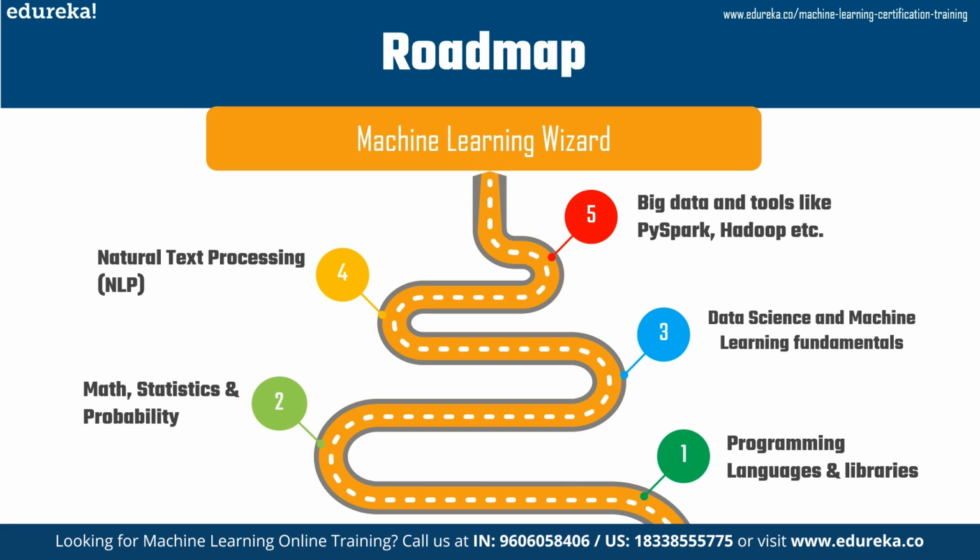We have amazing certifications for that as well. After that, it is very essential to learn natural language processing and how to do that using different models. And then finally, you should understand big data and tools like PySpark and Hadoop, because they're very necessary in today's world because of the amount of data that we're producing every day.